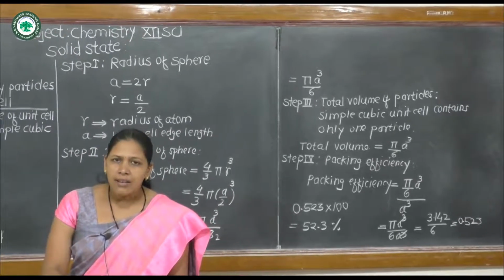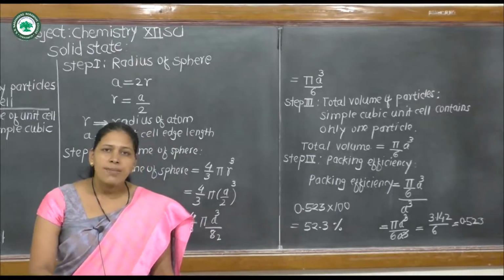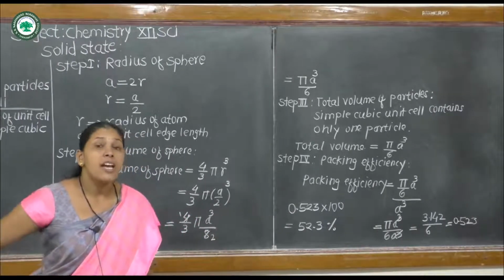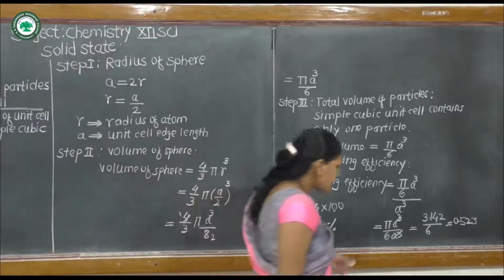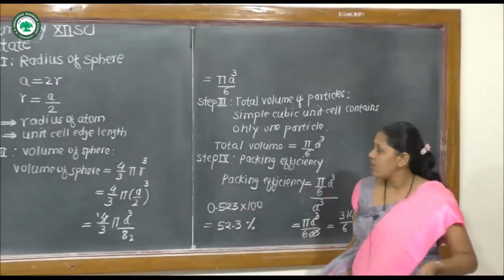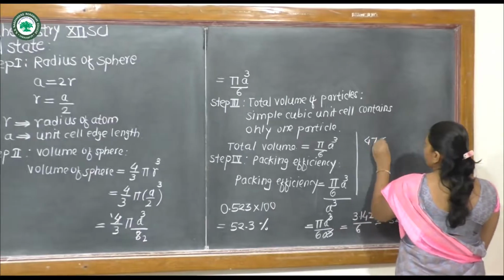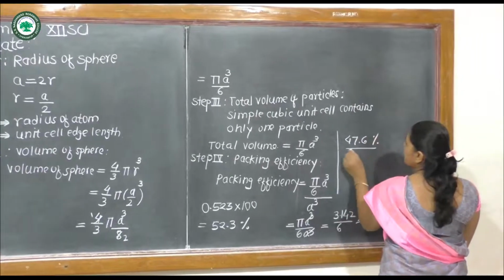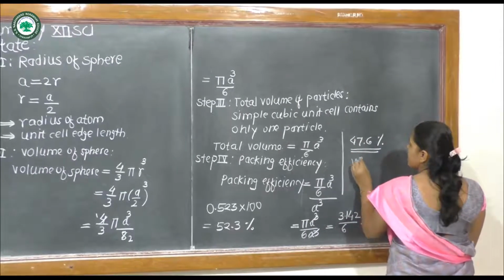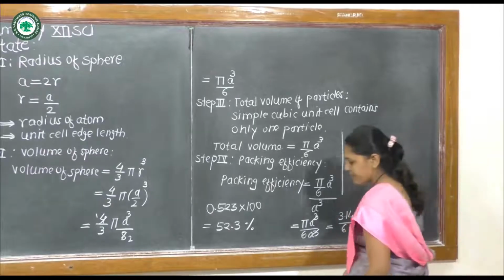52.3%, and the remaining 47.6% is the empty space. It is also called voids.